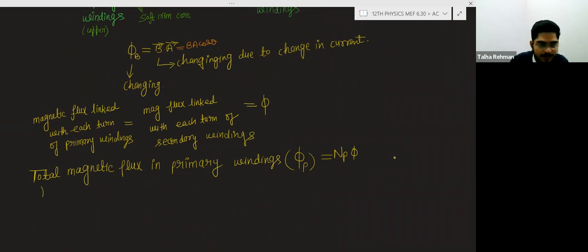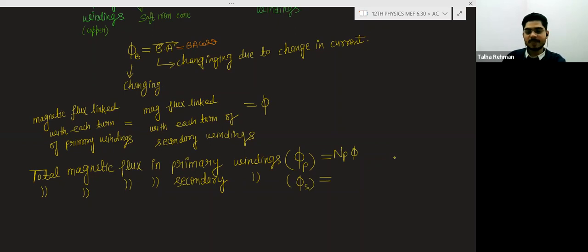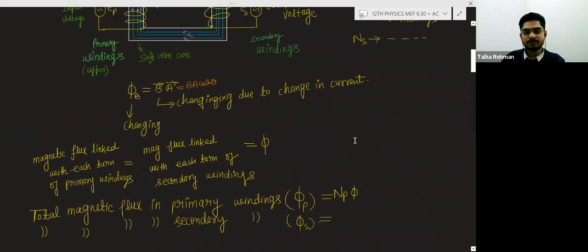Now we can also find the total magnetic flux in the secondary winding, suppose represented by phi suffix s. Can anyone tell me what the total magnetic flux in the secondary winding is? Nafisa?